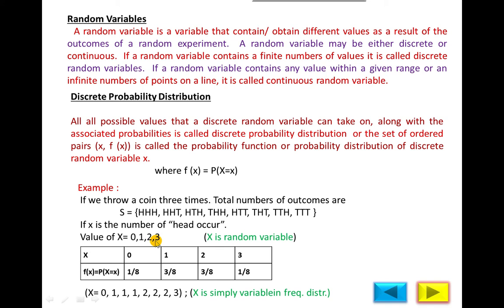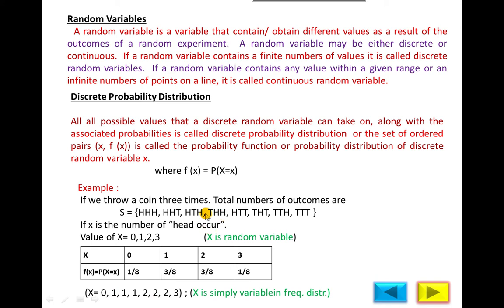Now the same example: if you throw a coin 3 times, the outcomes are 8. If you represent it like this, X is equal to 0 for 1 time, 1 head 3 times, and so on, each outcome or member of the element is represented separately. 0 means 0 heads, 1 means 1 head, and there are 3 times 1 head occurs.